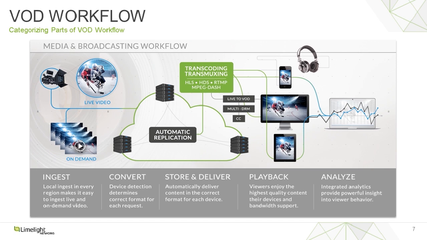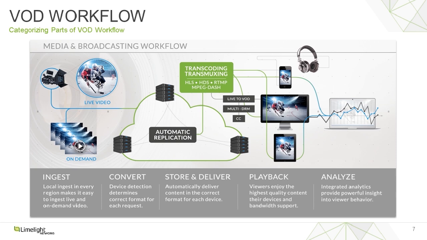Here, starting on the left, you see that we have ingest, where again we're taking the video that was captured live and ingesting that on demand video for later playback. After we ingest that video or upload that video, it goes into conversion. And that's where we create the different flavors that are needed.